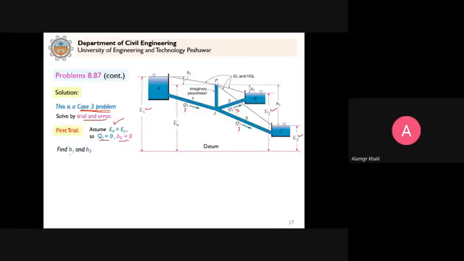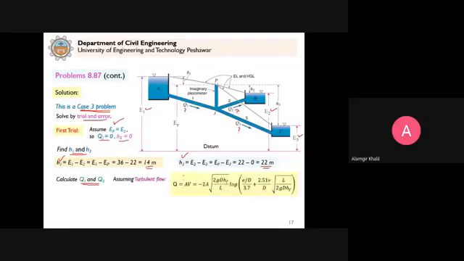So now find H1 and H3. H1 you can calculate for this case here. It comes out to be 14 meter. And similarly, we calculate H3. It comes out to be 22 meter. Now that we know H1 and H3, we can calculate Q1 and Q3 using this equation.